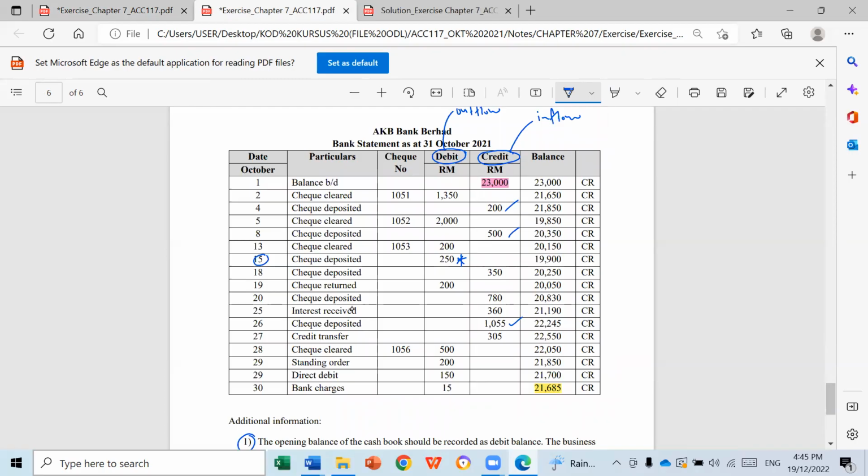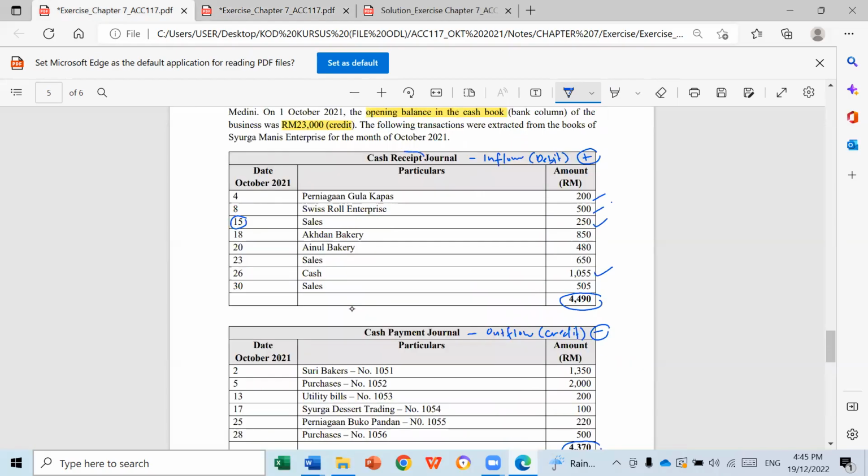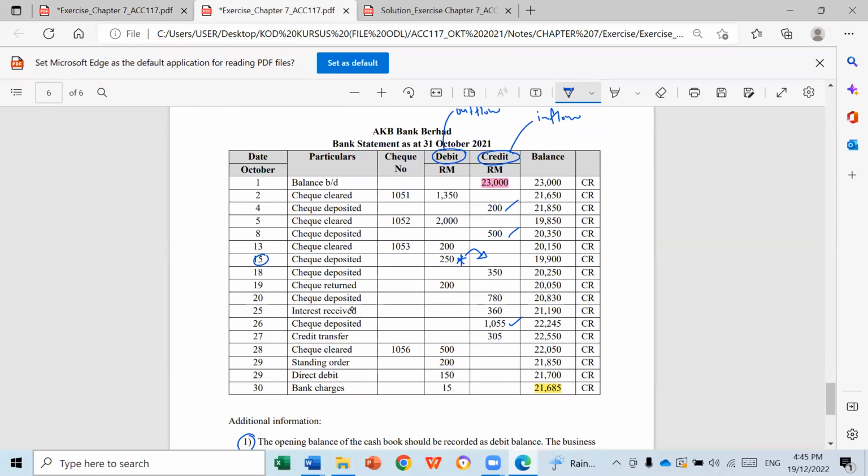It should be recorded here because the amount is deposited. As you can see in the cash book, we record it in the receipt section, so it should be debited in the cash book and credited in the bank statement. However, the bank has made an error on this.